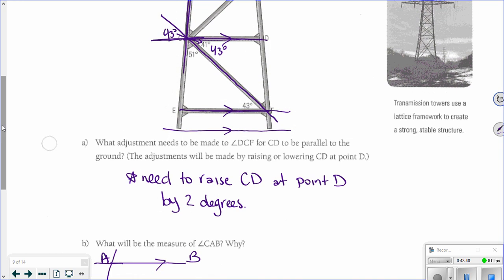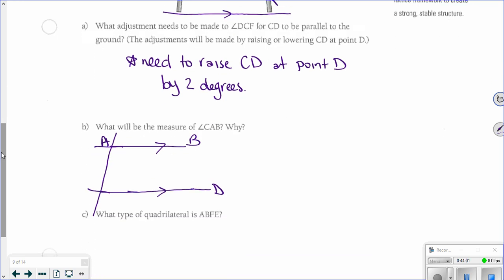I know that this piece is 43, if it's parallel, and 51 added together. So from here to here is 43 plus 51, which means here to here is also 43 plus 51, which is going to be 94 degrees.